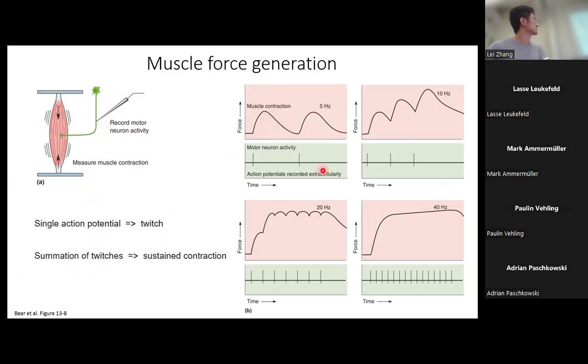When you increase the frequency of the stimulus, these peaks add together, and if you reach a very high frequency, the peaks become less clear and form a smooth curve of force. This is basically how our muscle system produces force, with higher frequency stimulation.